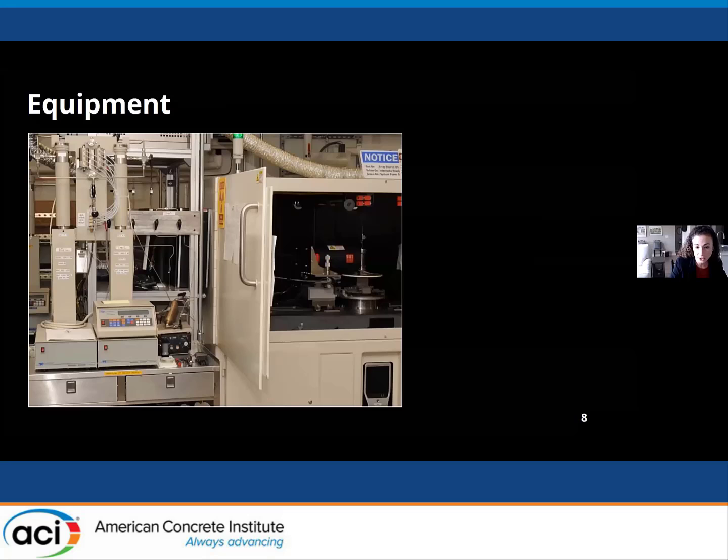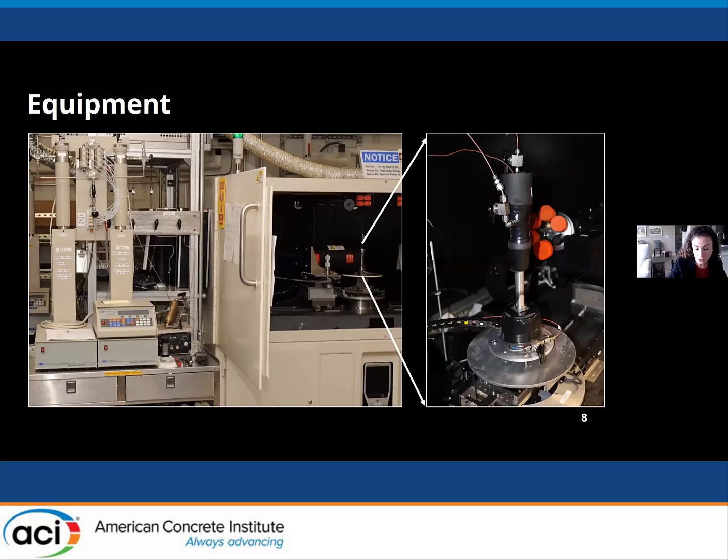I did this using a micro-CT scanner at the US Department of Energy National Energy Technology Laboratory. Here on the outside of the CT scanner are ISCO pumps, which are used to control fluid or gas flow into our pressure vessel that's housed inside the CT scanner.